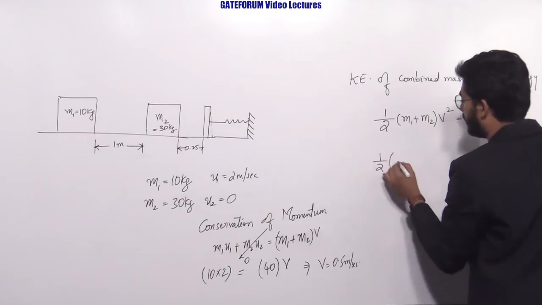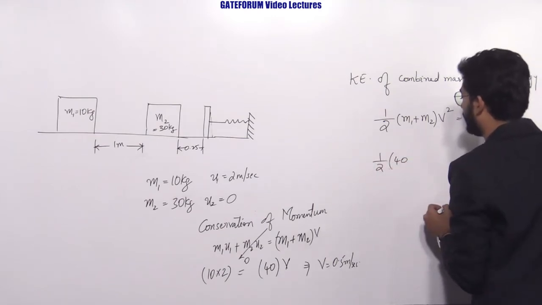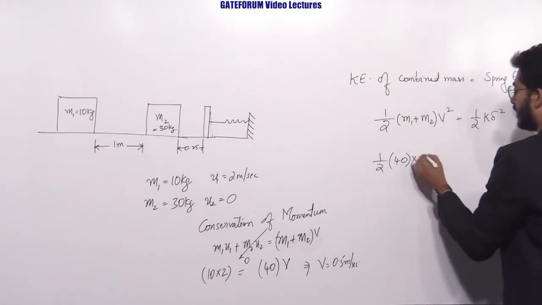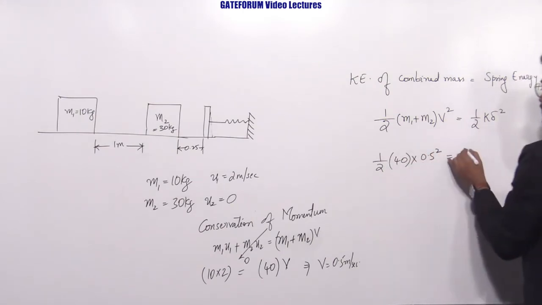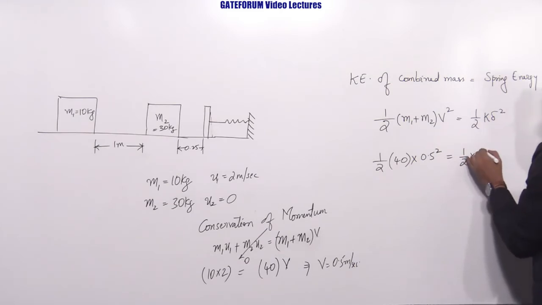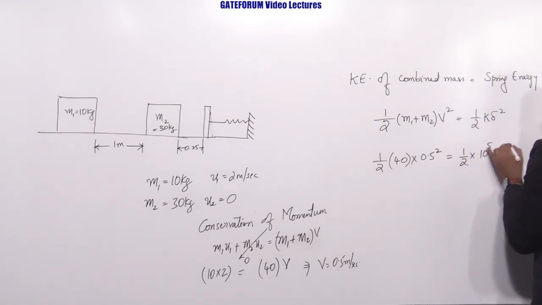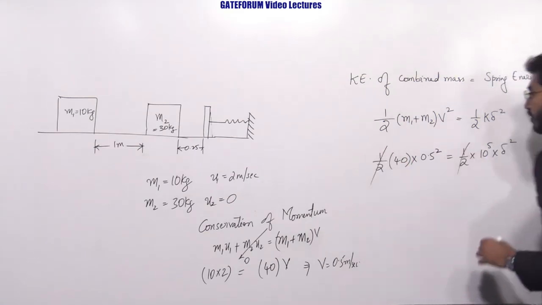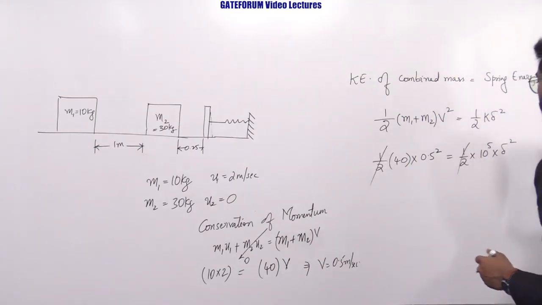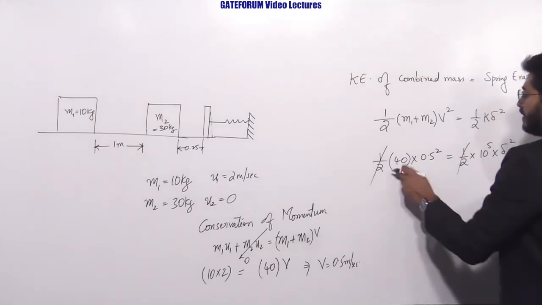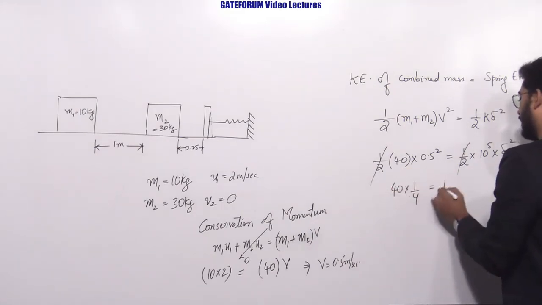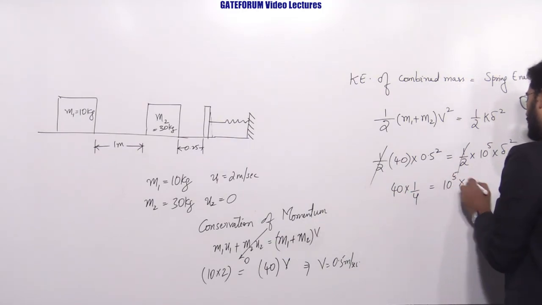This is equal to m1 plus m2 is 40 into the velocity 0.5 square, equal to half into k, which is 10 power 5, into delta square. So half and half will be cancelled out, and what else will you have? This is 40 and this would be 1 by 4, equal to 10 power 5 into delta square.